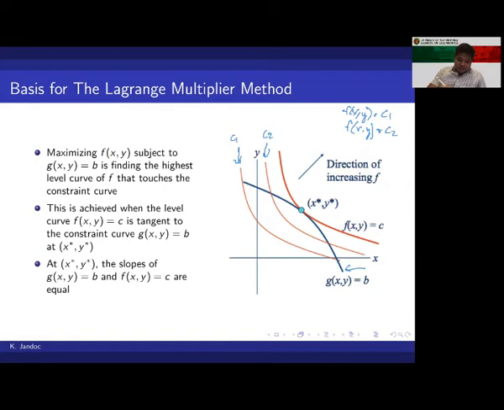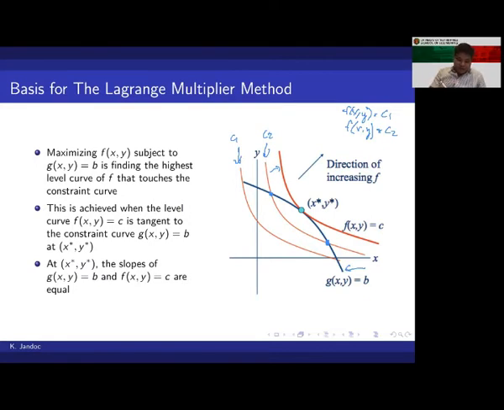Now notice that this C2 satisfies the constraint because you have bundles that are in the line. But we can find a higher level curve for f where it still satisfies the constraint, which pushes out this level curve and gives you a higher value of the function.